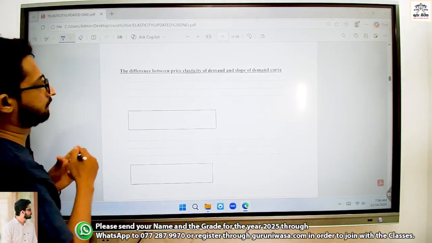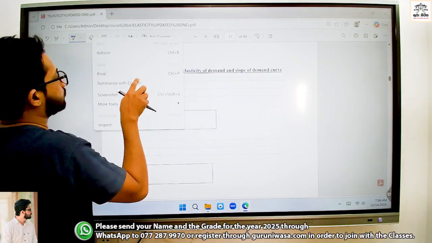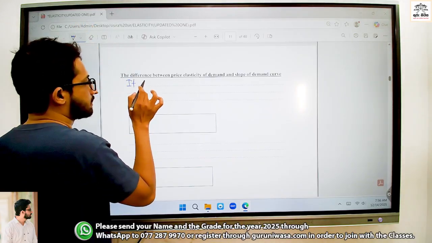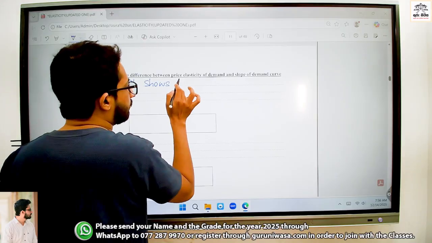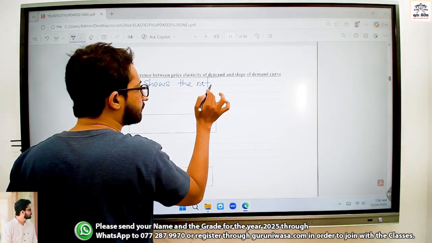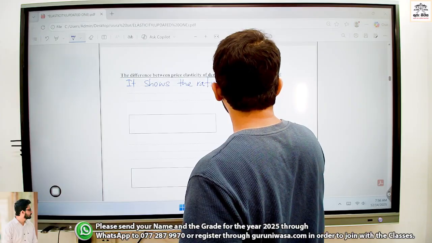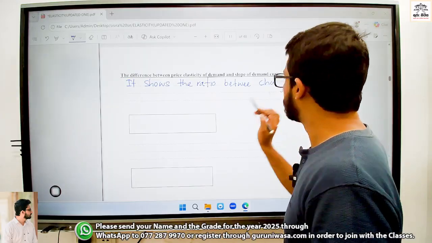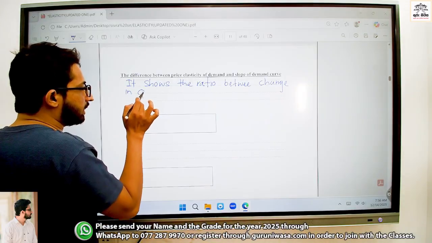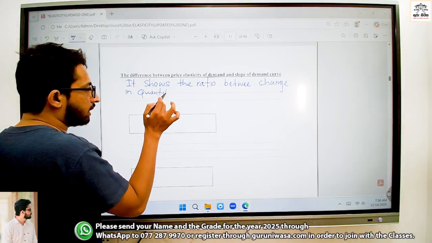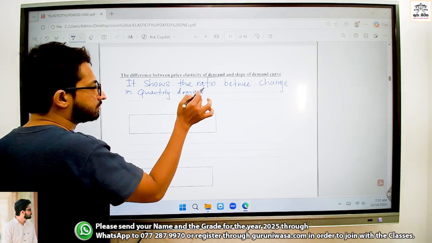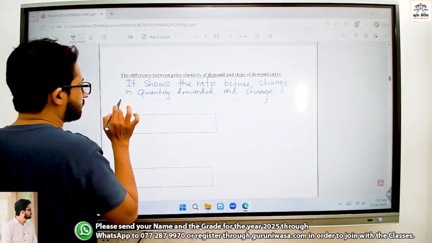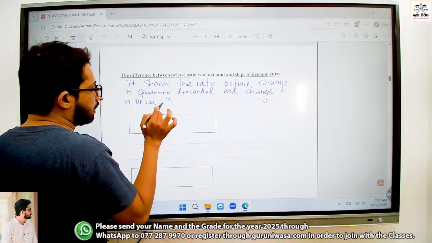Write down: slope shows the ratio between change in quantity demanded and change in price of the product.